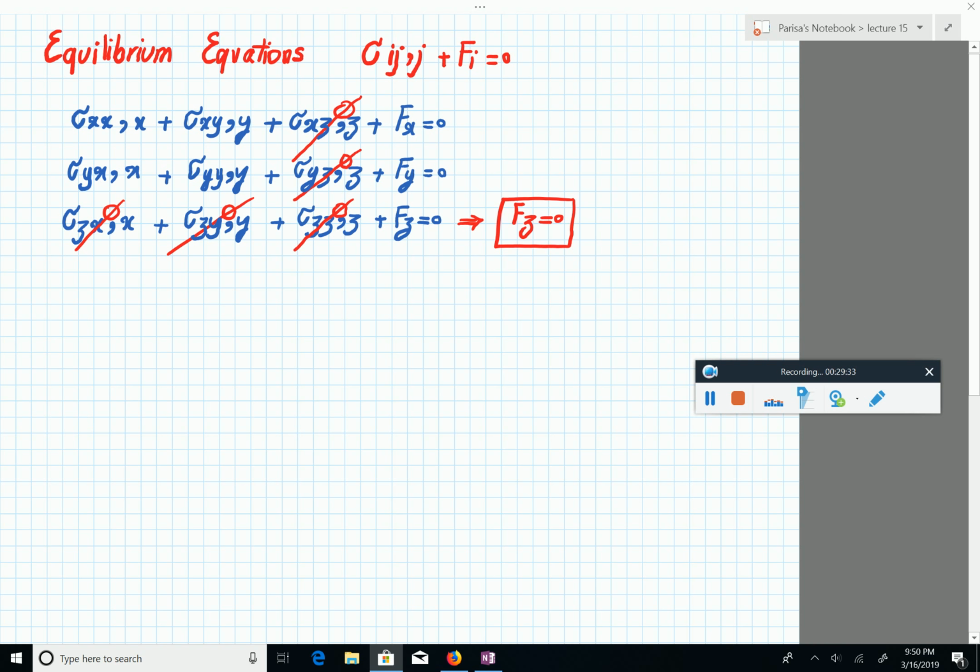Now let's look at the displacement formulation. And Navier equations.